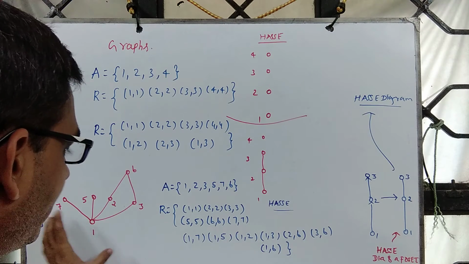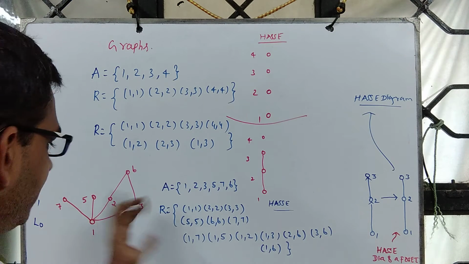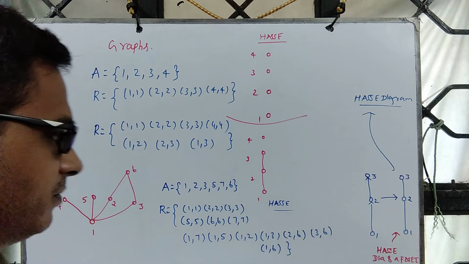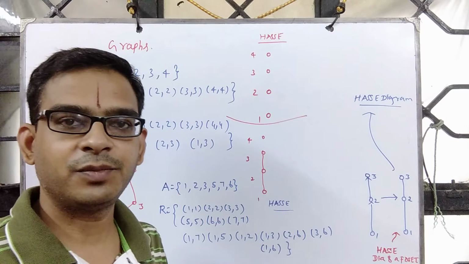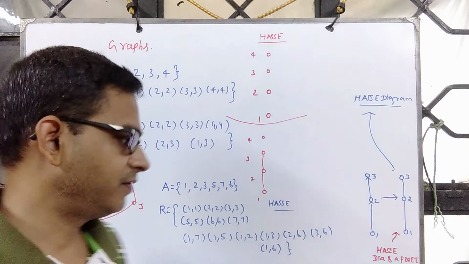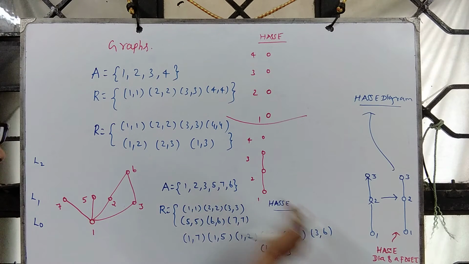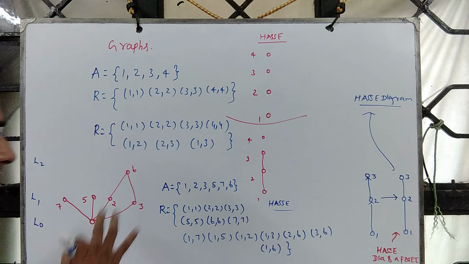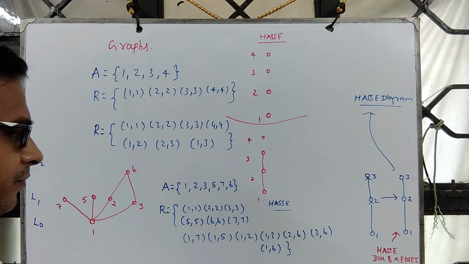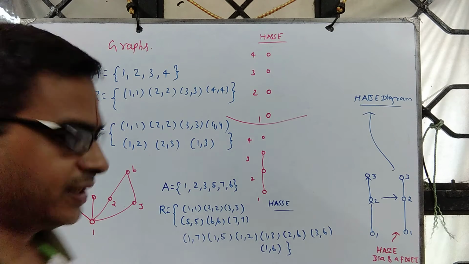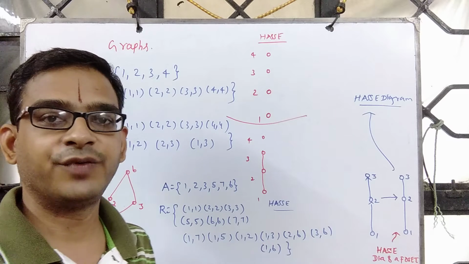And here is a relation and the corresponding Hasse diagram. So given a Hasse diagram, one can construct a relation which is a partial order. Given a partial order, one can generate the underlying Hasse diagram out of this. In that sense, they are equivalent.